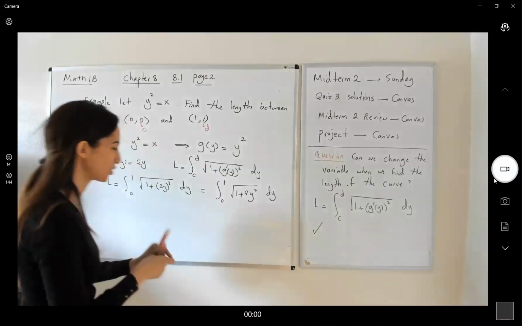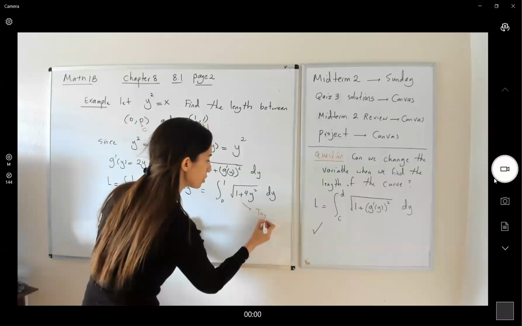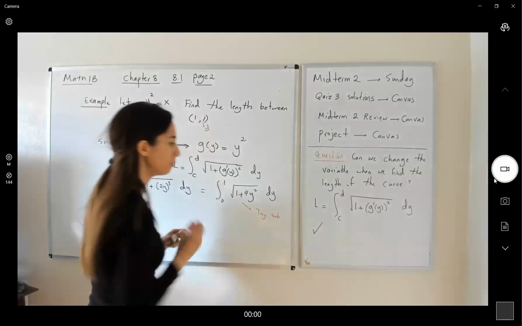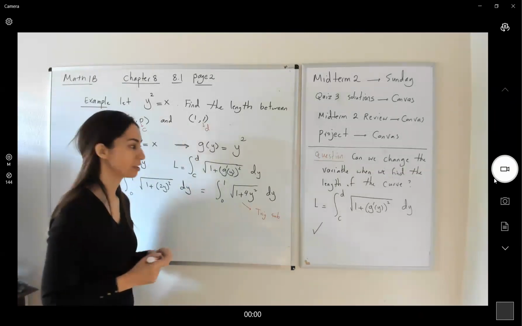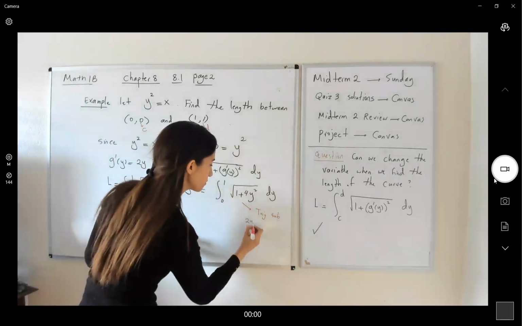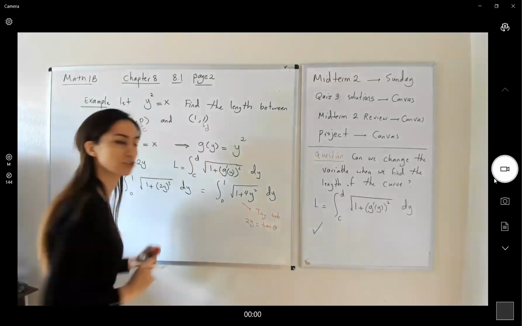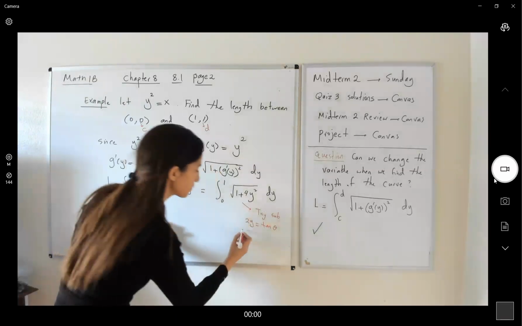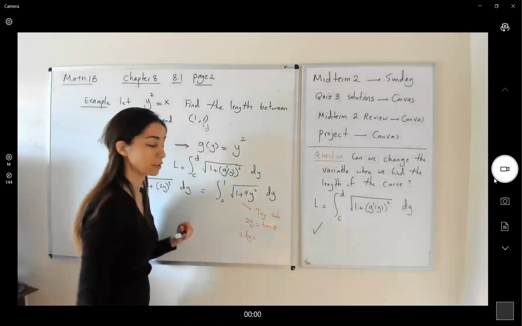Very well. Here you can just work with your trig substitution. Remember that. For this integral, you're going to use trig sub. You can take 2y as tangent theta, and you take the derivative of both sides. 2 dy is equal to the derivative of tangent.